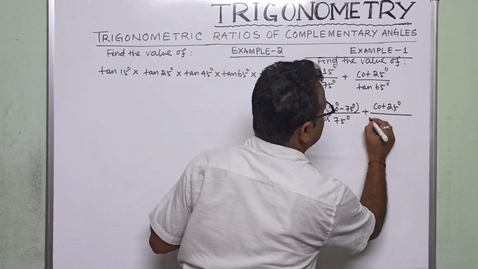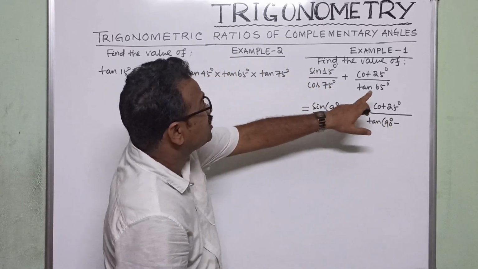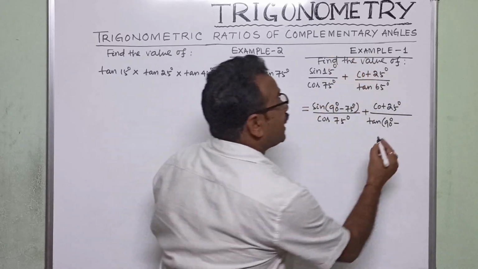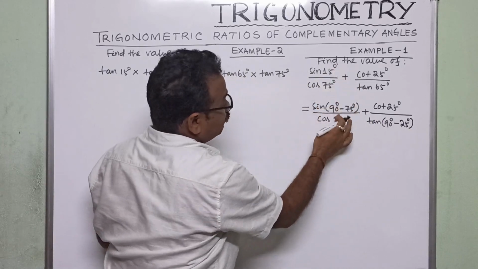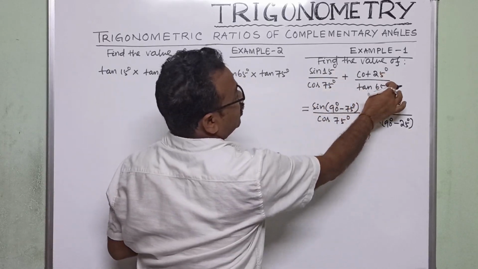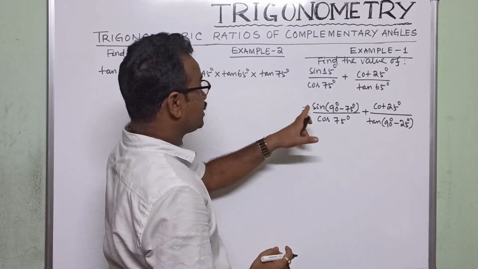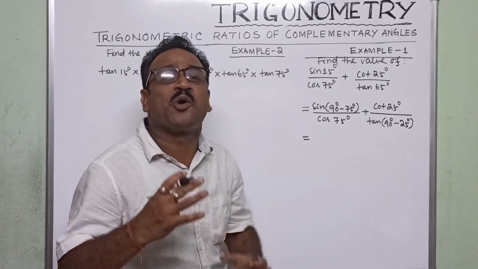Now tan 90 minus how much? 65. 90 minus 25, the given numerator angle 25 degree. So 15 is 90 minus 75, and 65 is 90 minus 25. Now sin 90 minus theta, formula: sin 90 minus theta is cos theta.